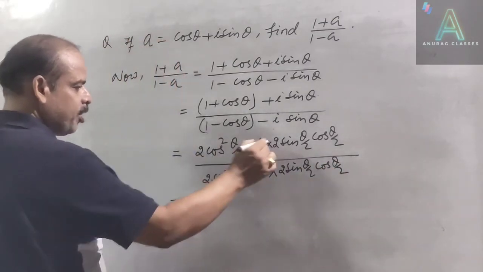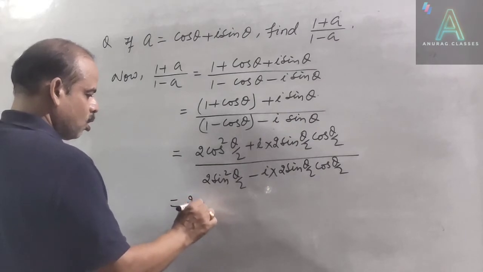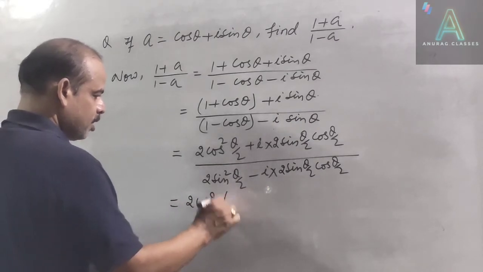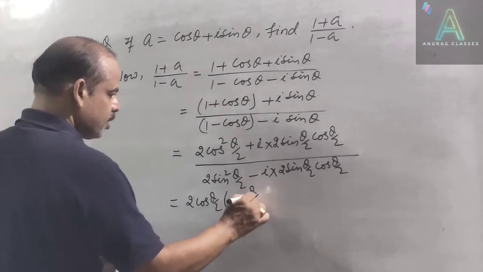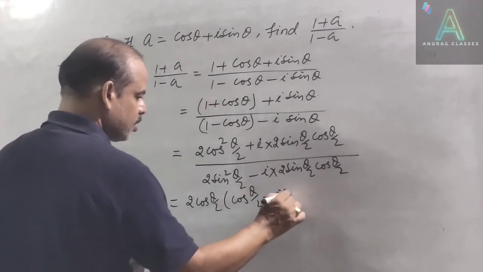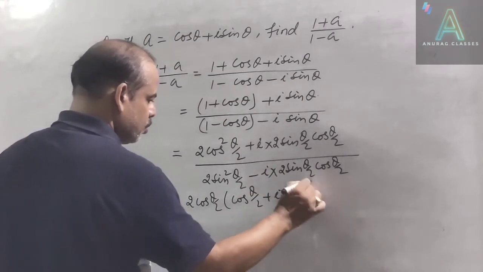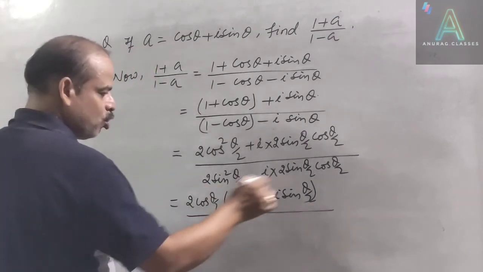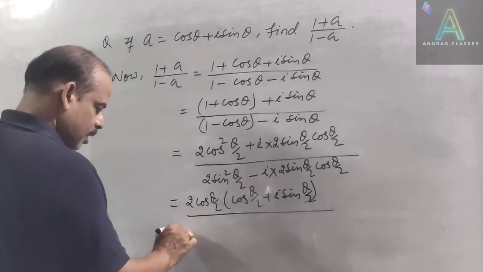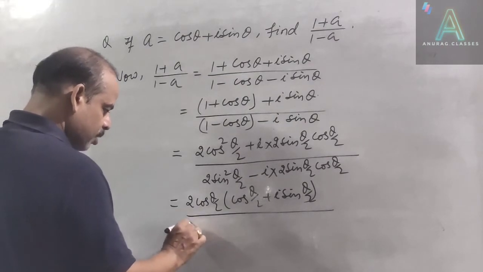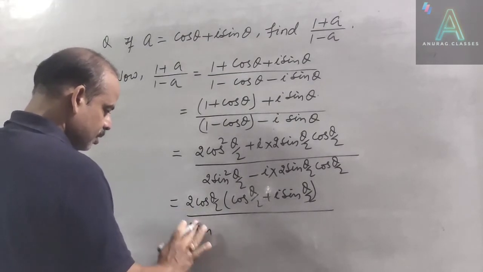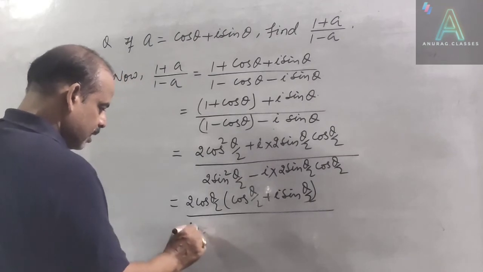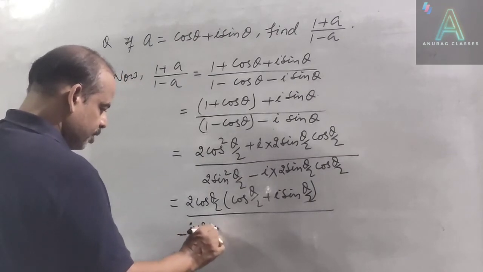Clearly in numerator 2 cos theta by 2 is common, then we are left with cos theta by 2 plus iota sin theta by 2, and in denominator I am taking the common minus iota into 2 sin theta by 2.